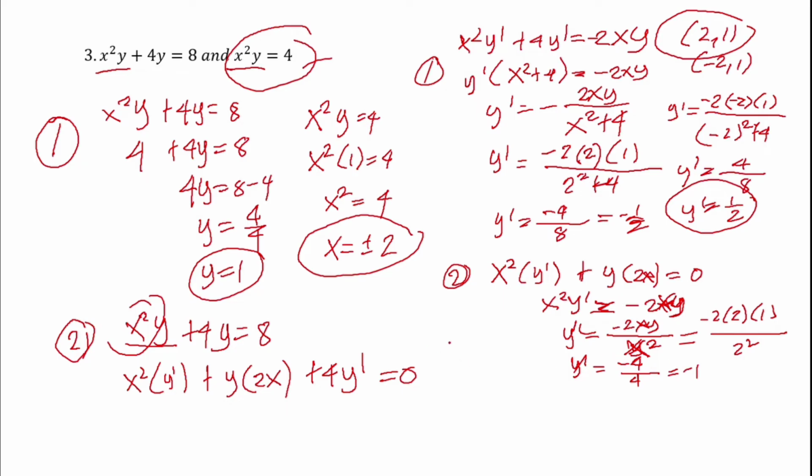If we're going to make use of the other one, y prime is equal to negative 2 times negative 2 times 1 over 4, because x squared is equal to positive 1. So we can have the slope, the other one is the negative.